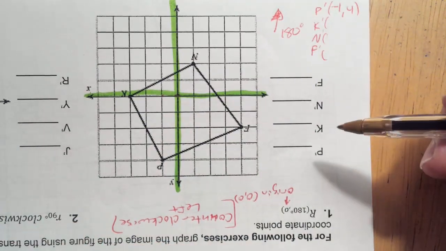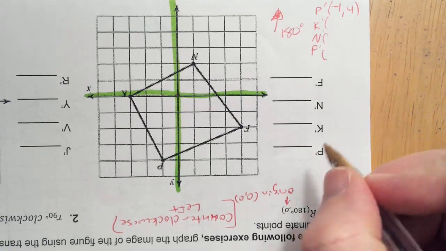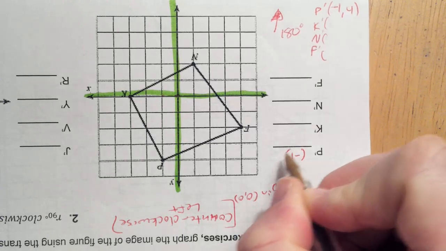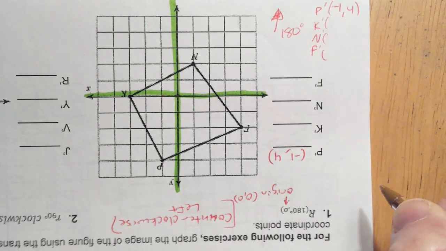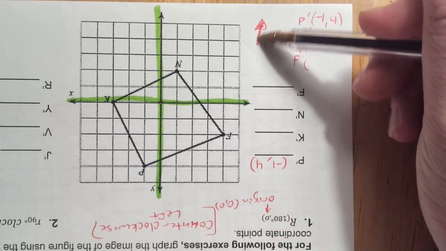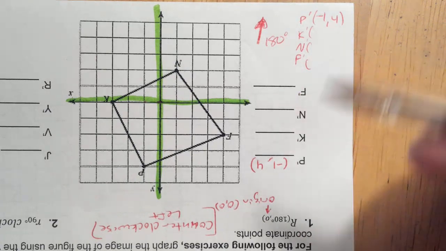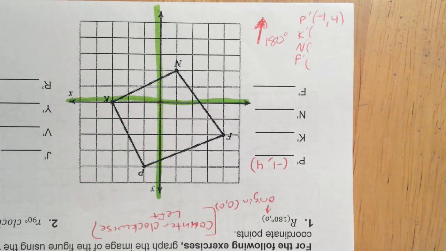And I would continue those points, just writing all those points down. Okay, so -1, comma, 4. And then we would just keep writing down all those points. So I'm okay with just putting this arrow down and writing down the answers. That's fine with me if that's what you guys do. It's your job to finish those coordinates.